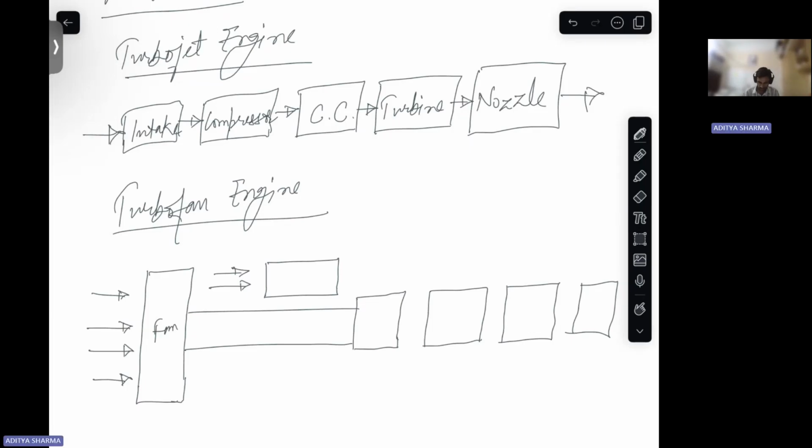After this is the fan nozzle or cold nozzle. Here this is the hot nozzle.